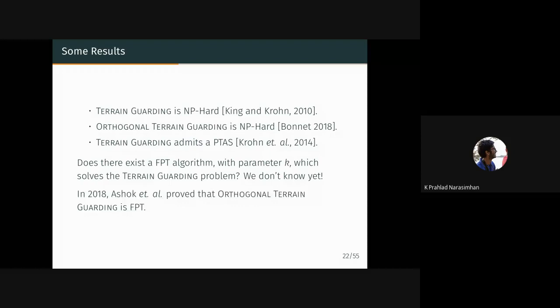But what we do know, from a paper which came out fairly recently in 2018, is that orthogonal terrain guarding is FPT. It admits this nice algorithm. So obviously the question that is now left is: is it true for a general terrain? Can we extend these results to a general terrain? That is what my work was about.